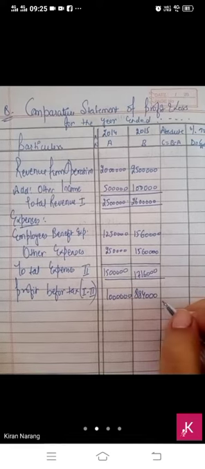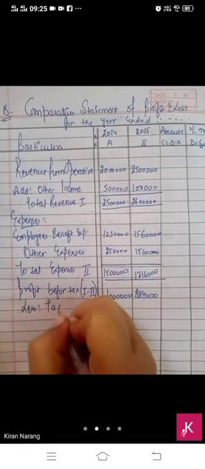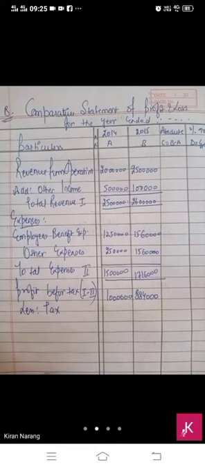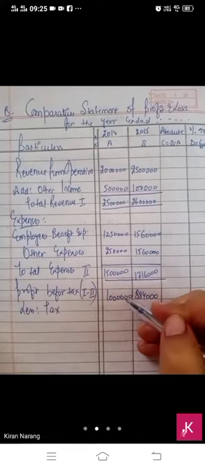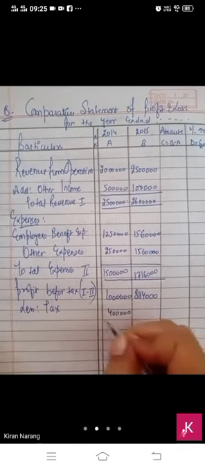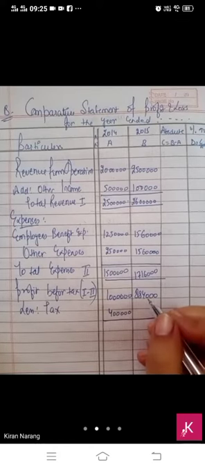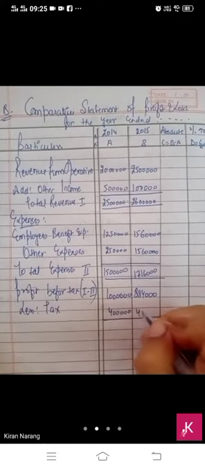Now we have to deduct tax. This year 40%, beta. 40% of this 10 lakh we have to calculate on income. It will be 4 lakh. And next year 50% of this income, it will be 4,42,000.